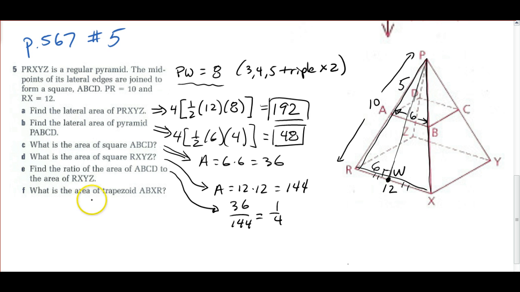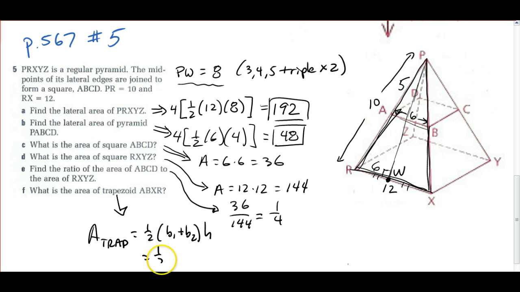All right, and then the last part: what's the area of trapezoid ABXR? That's this one here. The area of a trapezoid is 1/2 times base 1 plus base 2, times height. So that's 1/2.